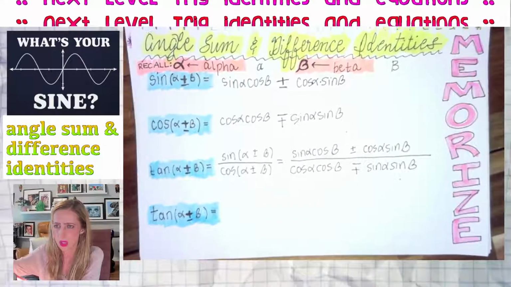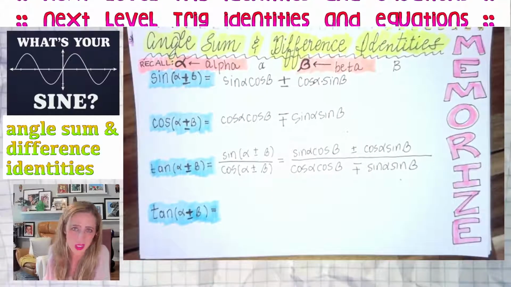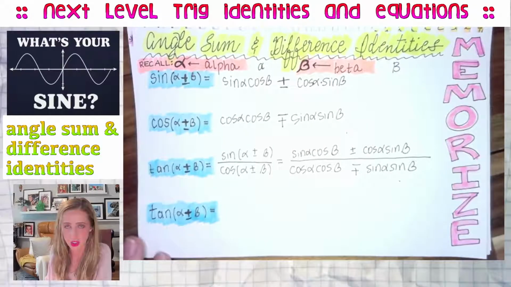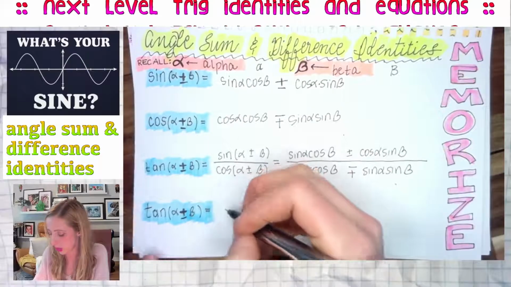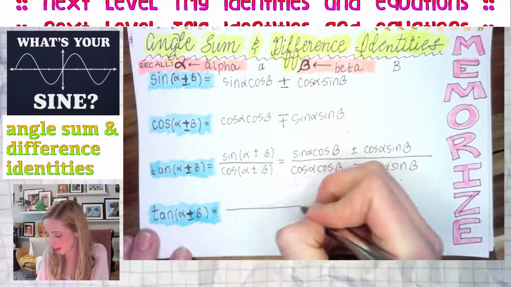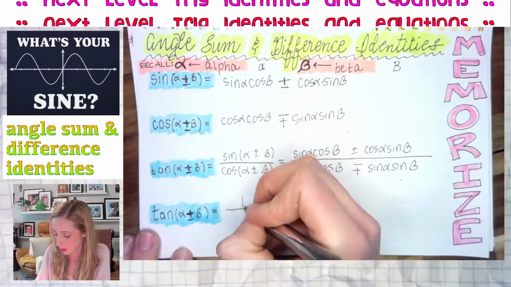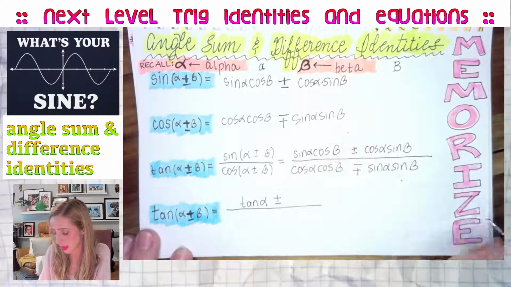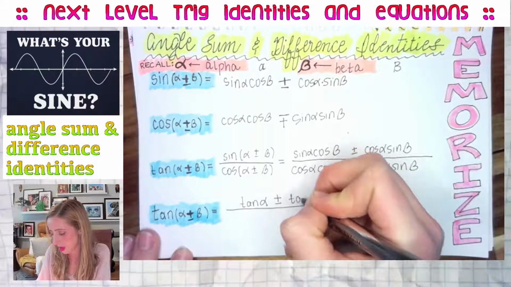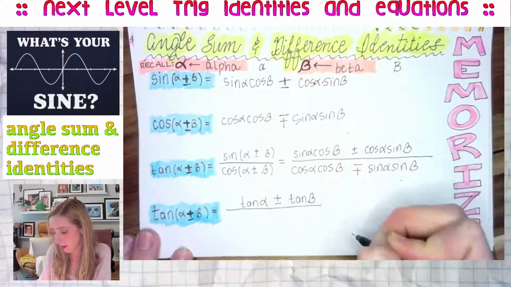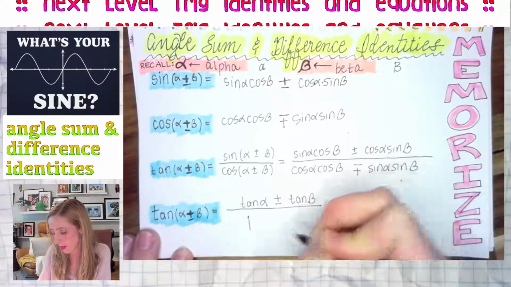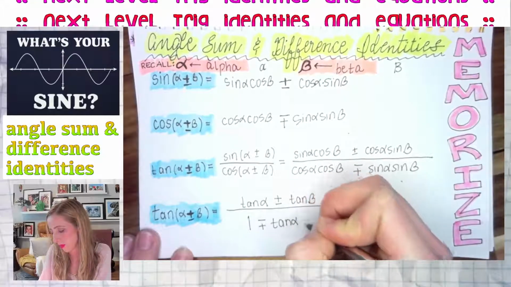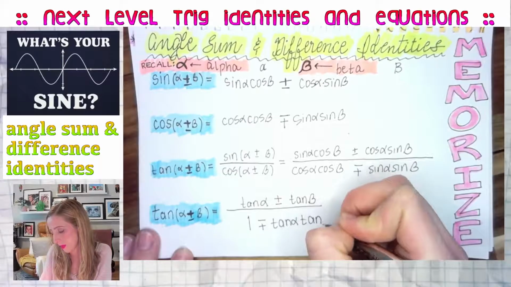But underneath, I'm going to give you now the nicer, more clean tangent angle sum or difference identity. That will look similar, but you'll see it's a little cleaner. This will be tangent alpha plus or minus tangent beta over 1 minus plus tan alpha tan beta.